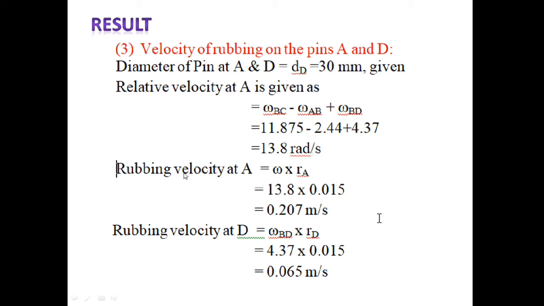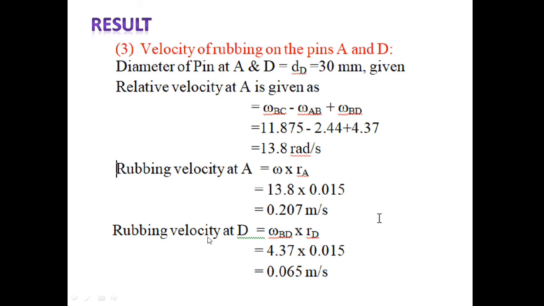Rubbing velocity of pin A is equal to angular velocity times radius of pin A: 13.88 radian per second times 0.015 meter. You got 0.207 meter per second. This is the rubbing velocity of the pin.